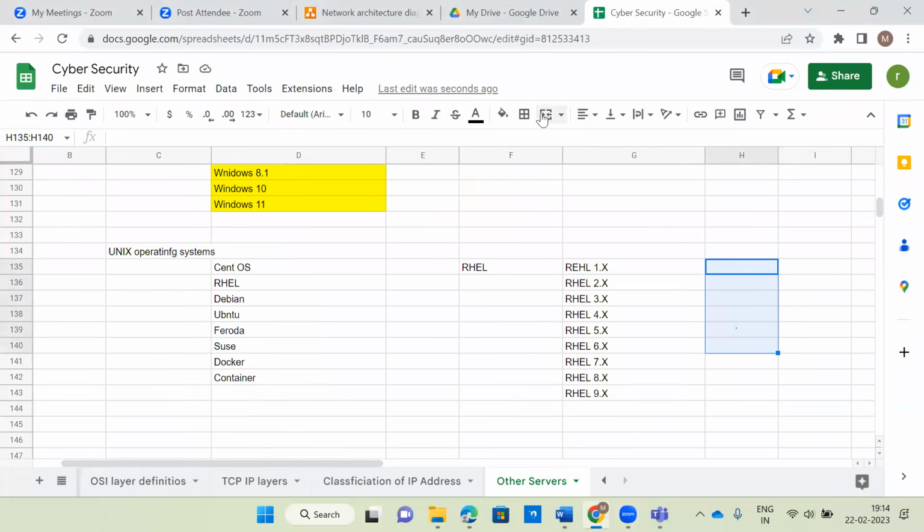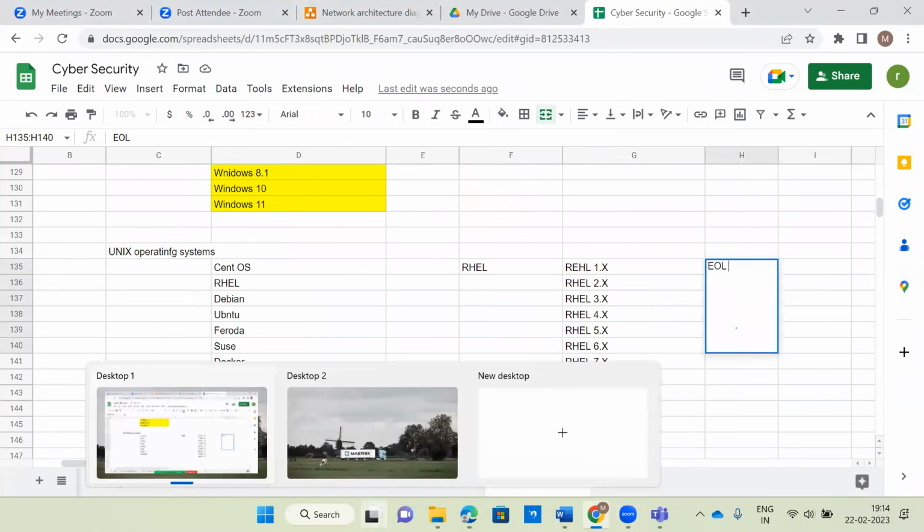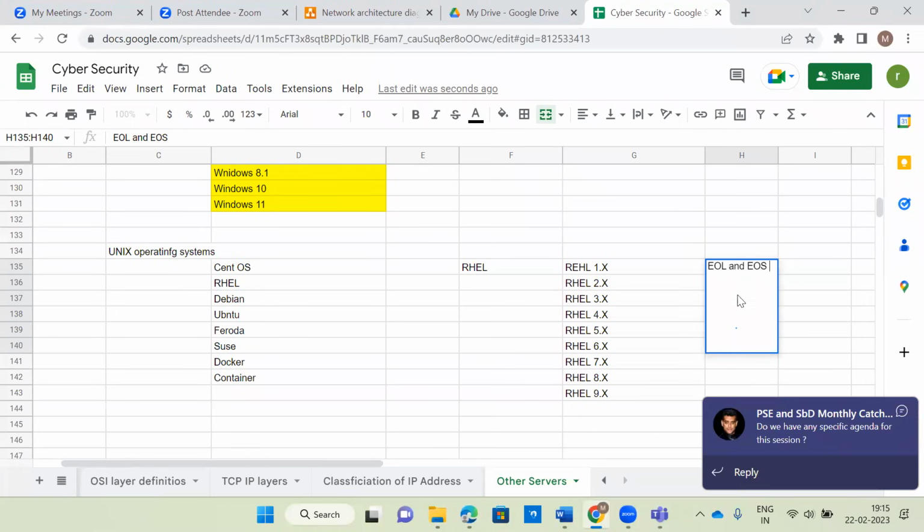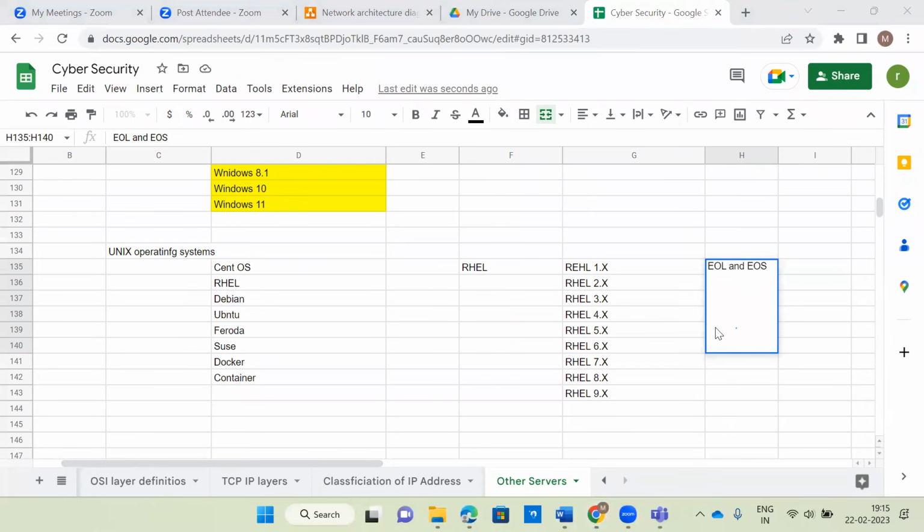All these are completely end of life, EOL, and also EOS. The RHEL vendor itself says don't use any RHEL 1.x, 2.x, 3.x up to 6.x, because these servers are end of life and the vendor is not releasing any patch updates.